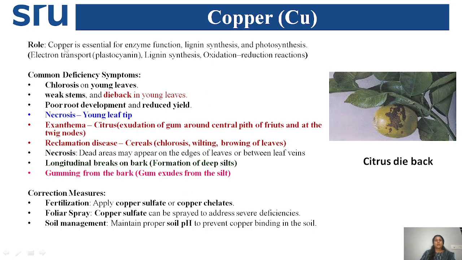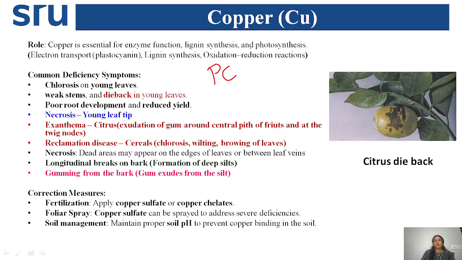Coming to copper, copper has a specific role in electron transport and in redox reactions, that is oxidation and reduction reactions. In the electron transport chain we have plastocyanin, which is made up of copper.